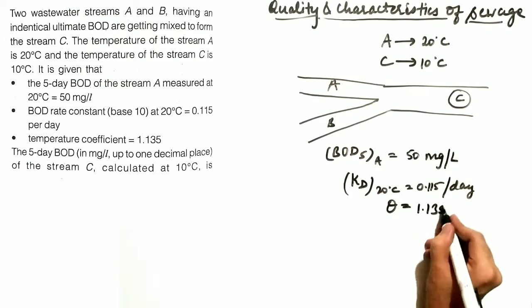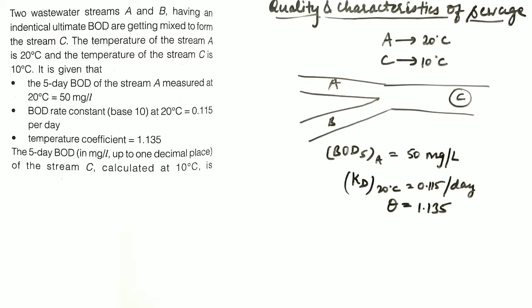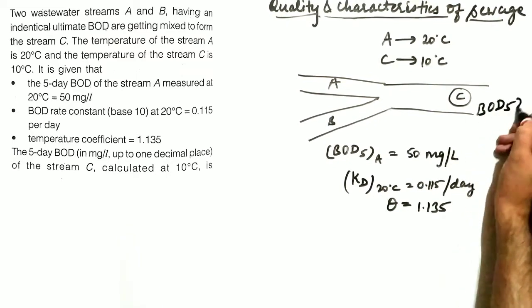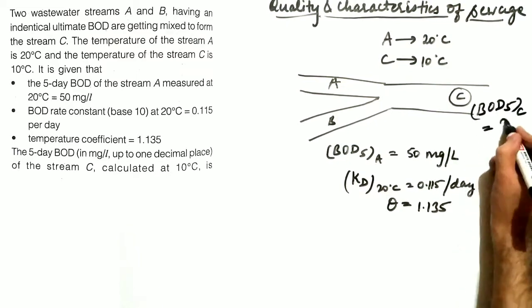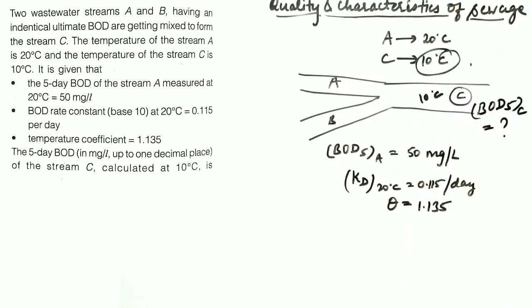This will be used to convert the KD of 20 degrees Celsius to any other temperature like 10 degrees Celsius, 30 degrees Celsius, and so on. Now you are asked to calculate the BOD 5 of stream C, and stream C has 10 degrees Celsius, as clearly mentioned here.